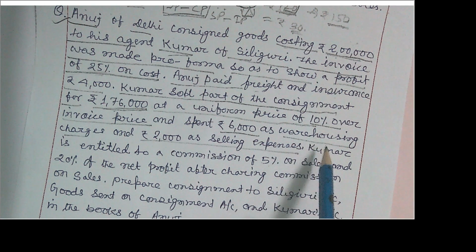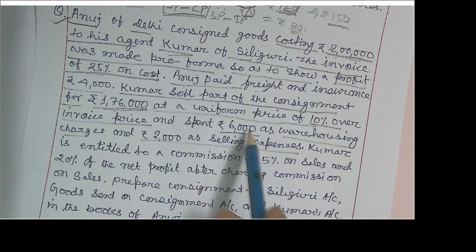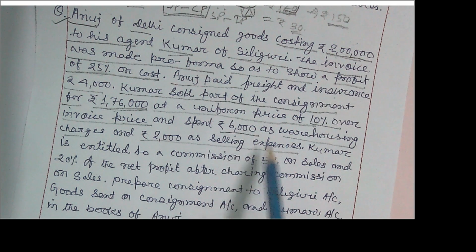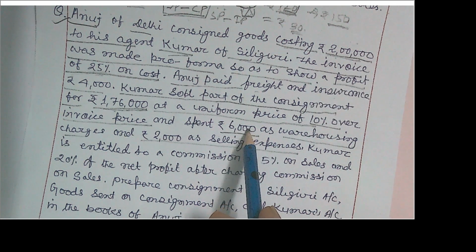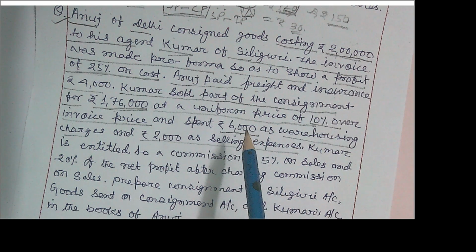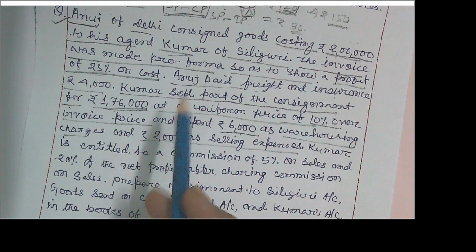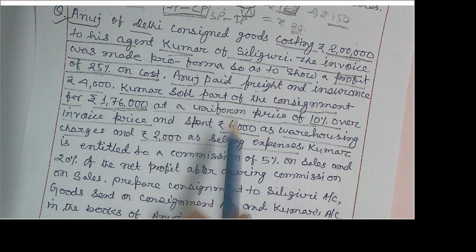When the consignee spends any amount after receiving the goods, those expenses will not be taken into account for the valuation of consignment stock, but consignor expenses are always taken for the valuation of the consignment stock account.